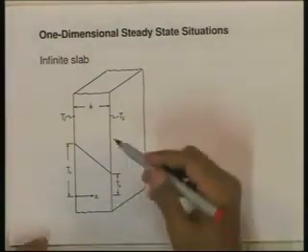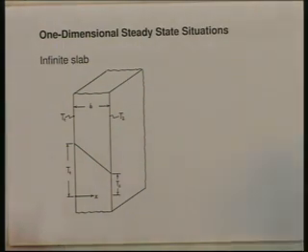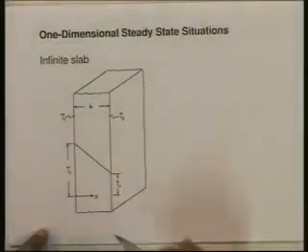The thermal conductivity of this slab, let us say, is k. We would like to find out by conduction what is the rate at which heat flows across this solid and what is the temperature distribution in the solid. By conduction, obviously, heat has to flow in the direction of decreasing temperature.